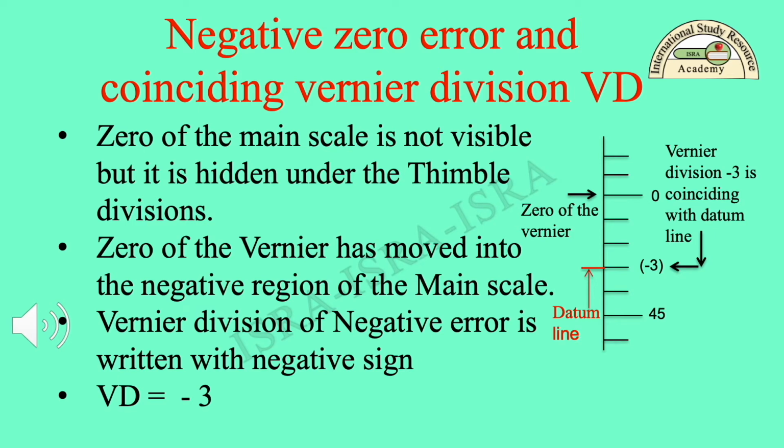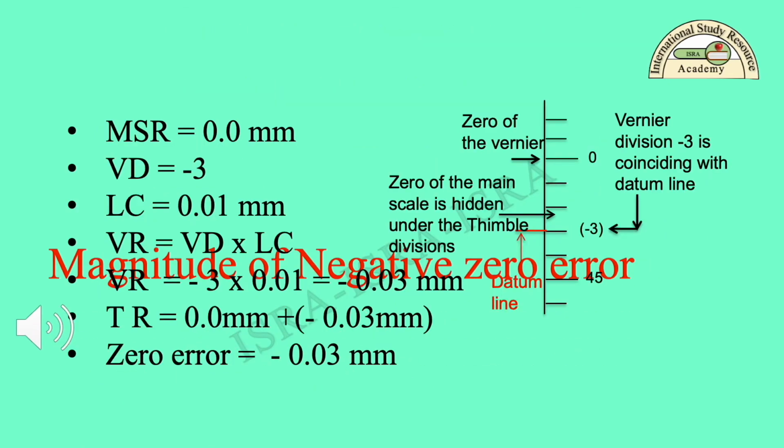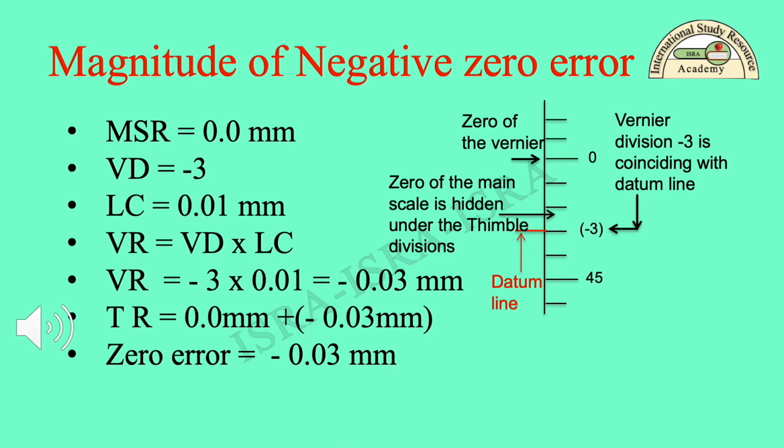Now you will learn a process to find the magnitude of this error. Magnitude of negative zero error. Look at the diagram. Main scale reading MSR is equal to 0.0 mm. Vernier division VD is equal to -3. Least count LC is equal to 0.01 mm. Vernier reading VR is equal to VD times LC.